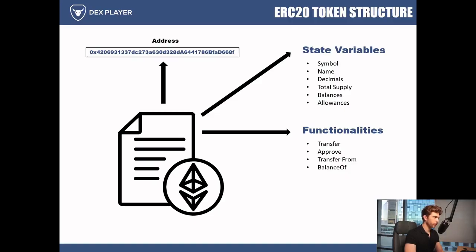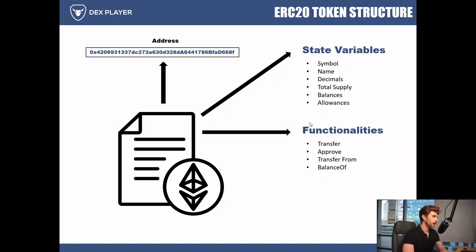Okay, so here I want to go over the ERC20 token structure. The ERC20 is a standard that dictates certain variables and functionalities that a smart contract must implement in order to be valid. So state variables that the ERC20 standard must implement are symbol, name, decimals, total supply, the balances, and the allowances.